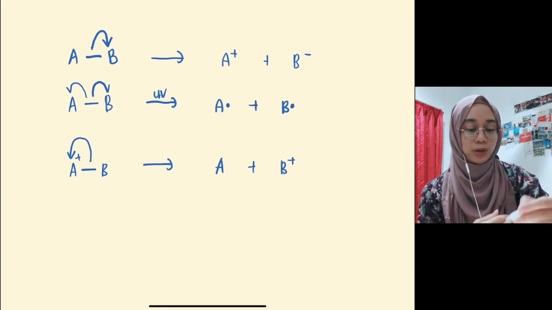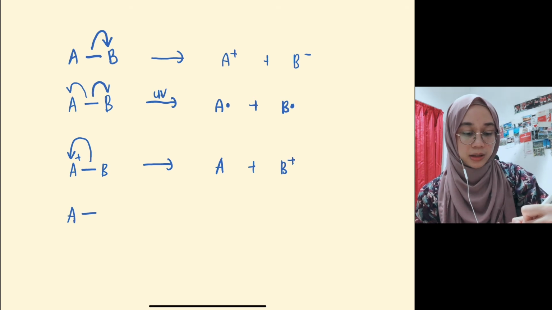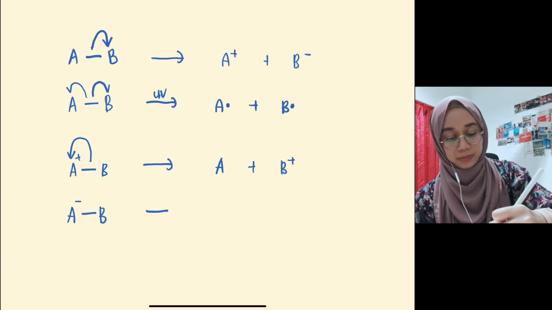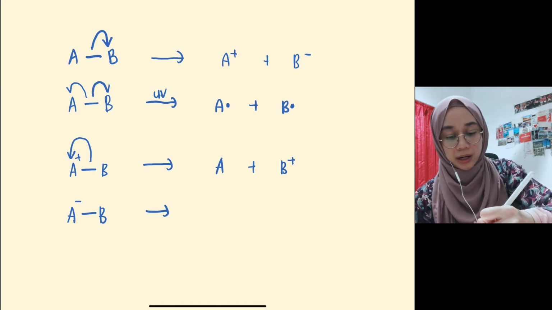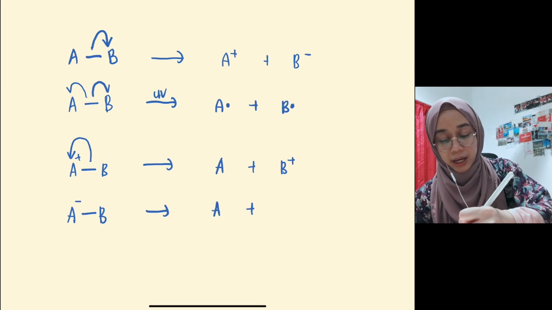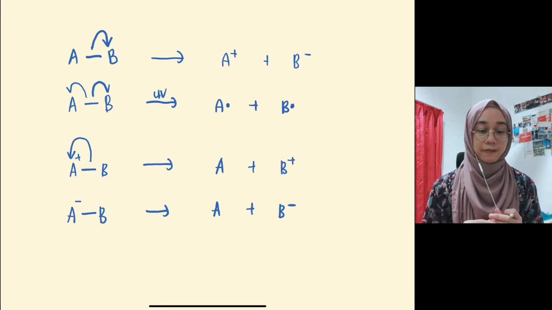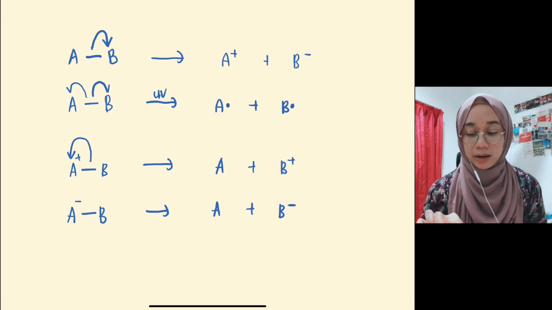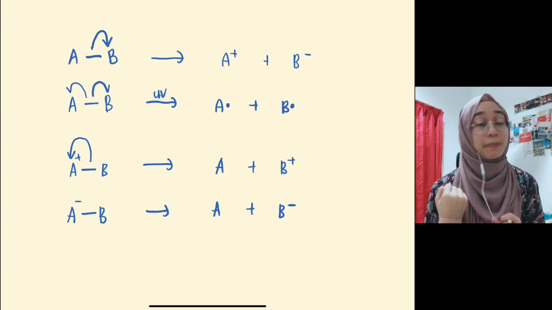Okay, so sama juga case yang kalau let's say Miss buat the other way round then. So let's say A ni negatif. So apa yang kamu akan dapat adalah A yang positif, A yang neutral tapi B negatif in this case. Okay. So in this case kalau B ni negatif, bermaksud dia menerima elektron daripada siapa dia terima?